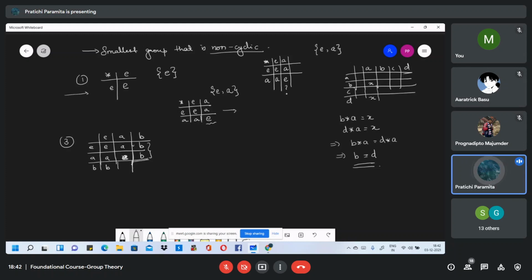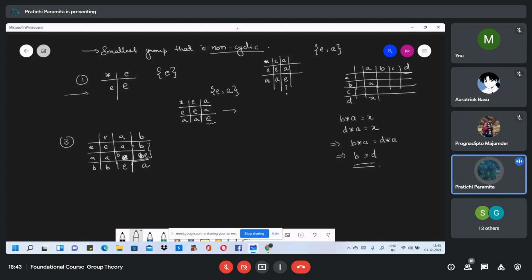So this can't be E. That means this has to be B, this has to be E, which means here in this column I have A, B, so this has to be E. In this column I have B, E, so this has to be A. So again, from the Cayley table, I'm actually proving that up to isomorphism, there is only one group of order 3.